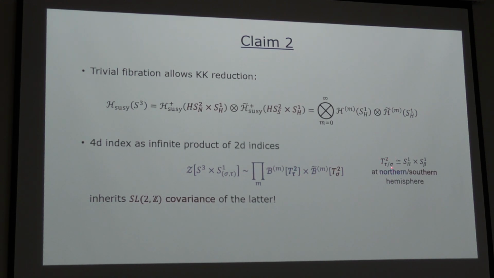T2 of tau and T2 of sigma are respectively the tori comprised of the Hopf fiber and the temporal circle on either the southern or northern hemisphere. The torus comes in from the fact that when I calculate the trace over these separate factors, I think of that as a partition function on the torus, which is comprised of the temporal circle times this Hopf fiber.